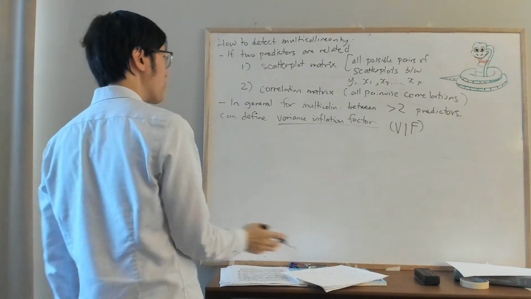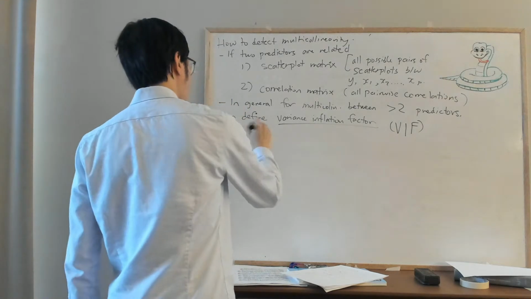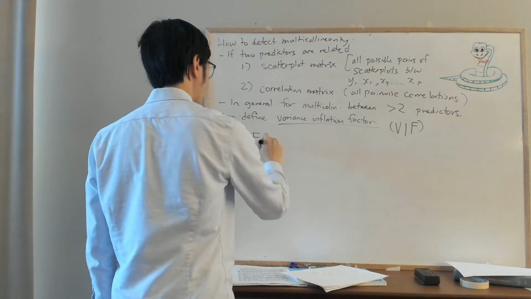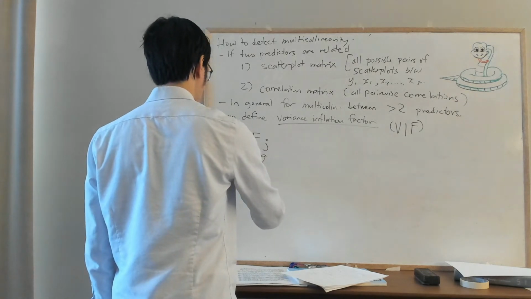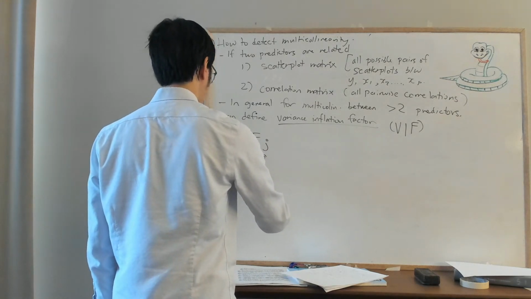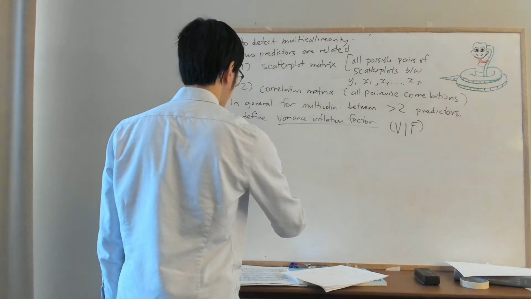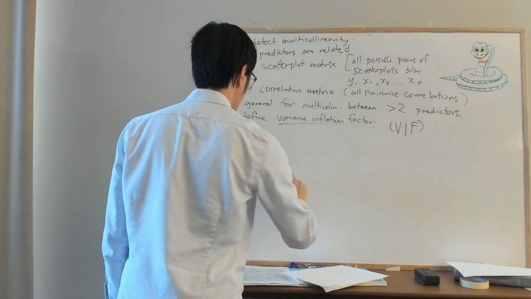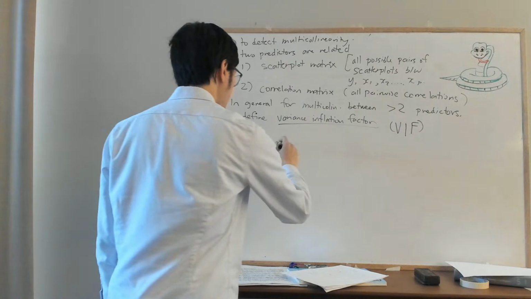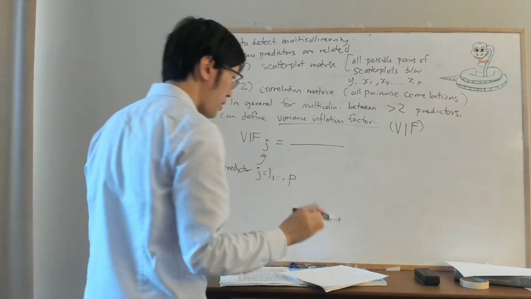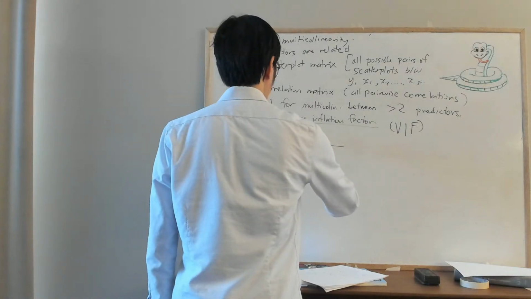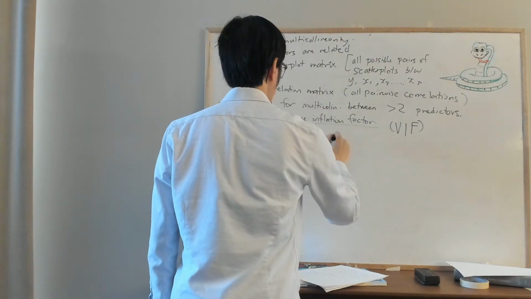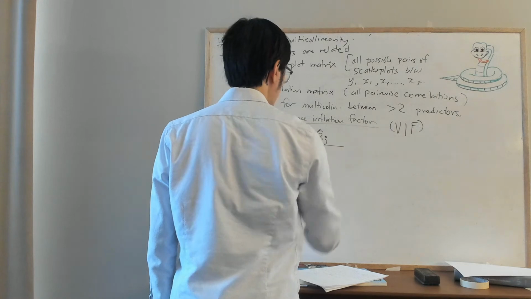We define it intuitively like this. The VIF for predictor j, so we can calculate this for each predictor, is defined as the ratio of variances: the variance of beta hat j calculated in two ways.